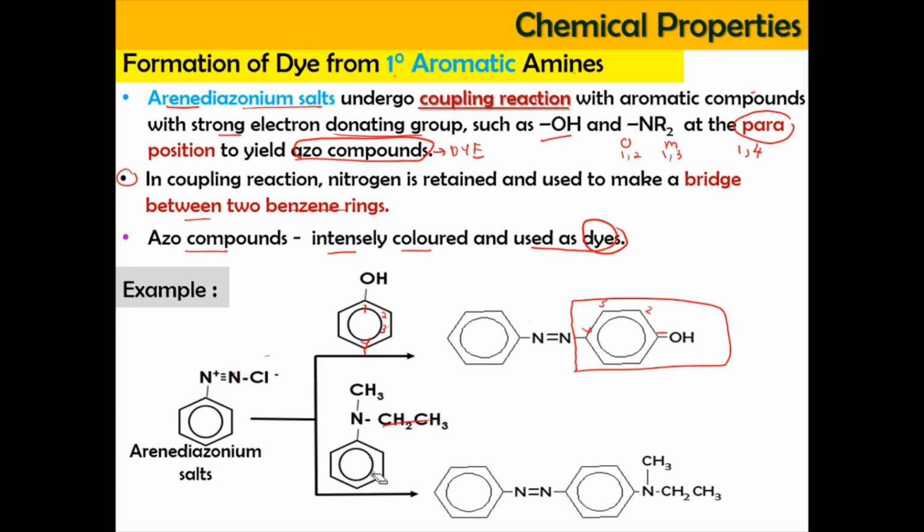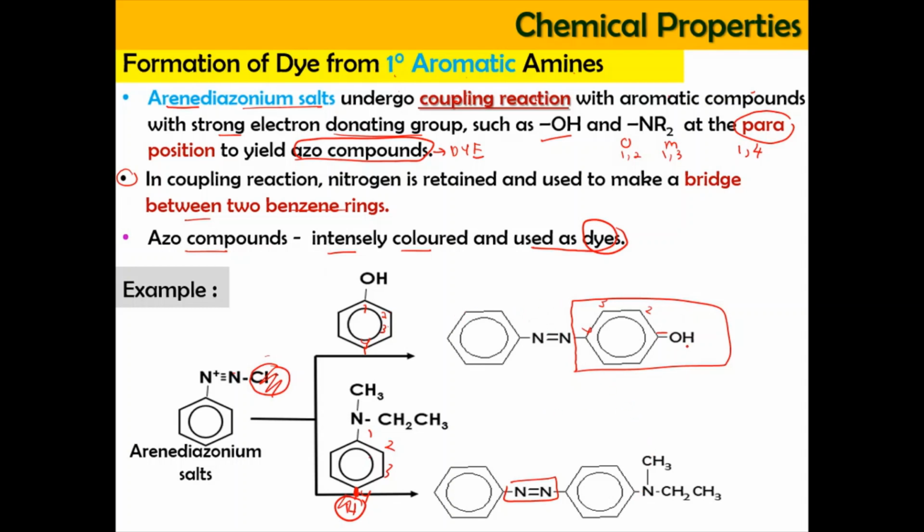Okay, so a similar thing happens. 1, 2, 3, 4. H here is going to be taken out with the chloride ion, and the N bond is going to be maintained, and here is used to make a bond in between carbon number 4 of the NR2 group here. Okay, and this is going to produce our dye.